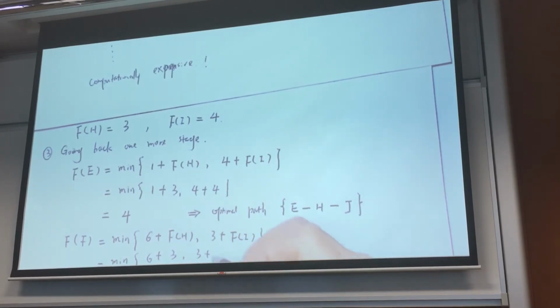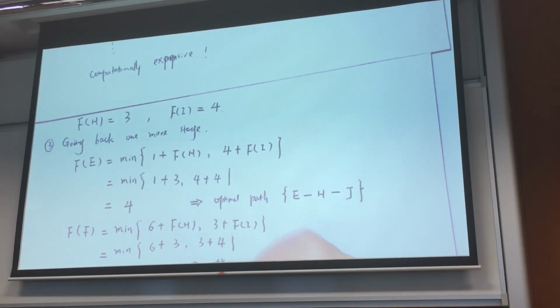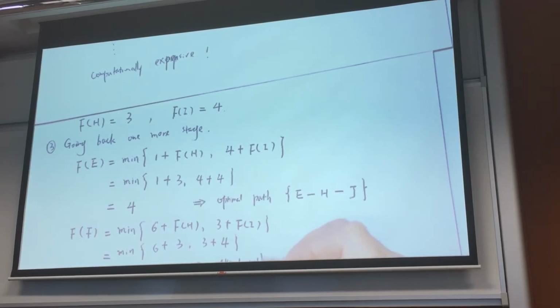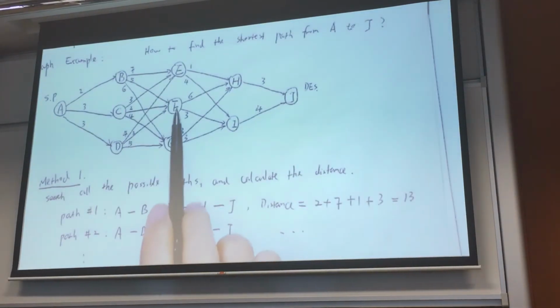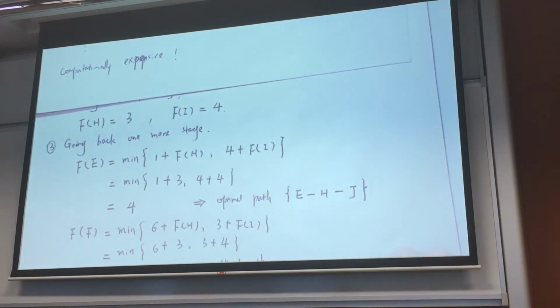So the minimum is 7, corresponding to the optimal path from F to the destination, given by F to I and eventually to J.